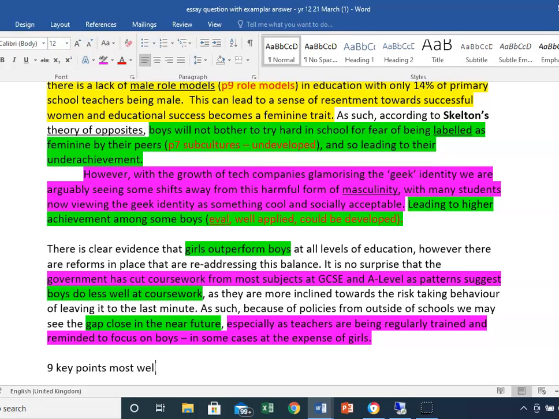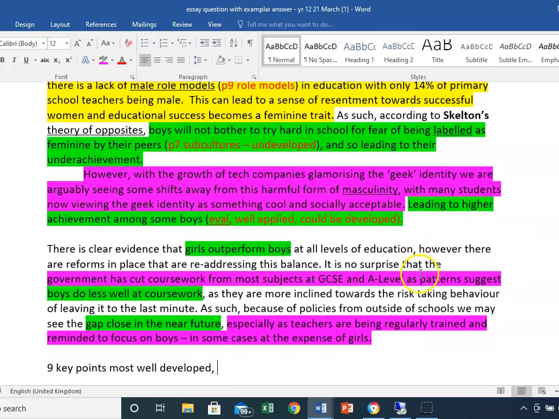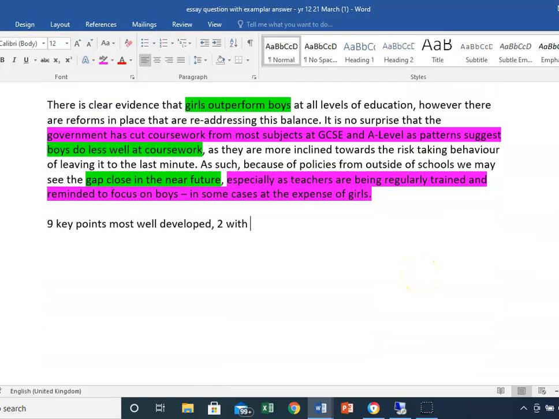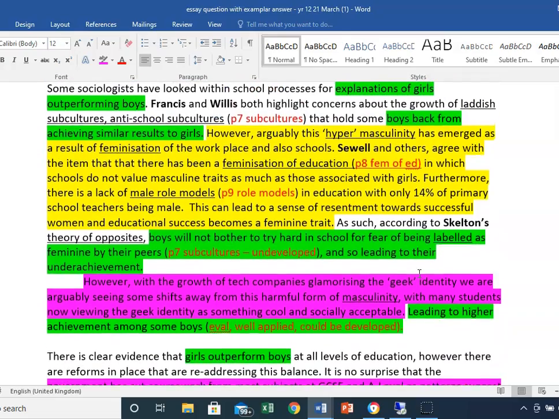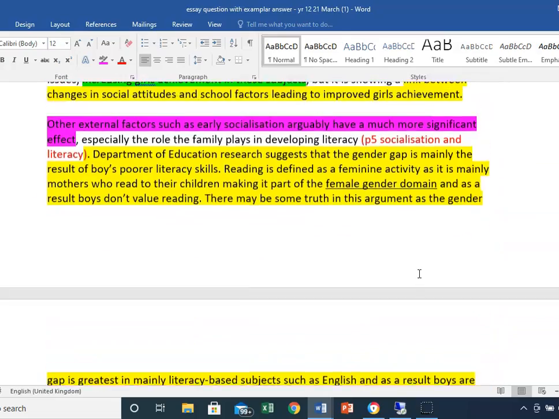all most actually well developed. How many of them are analytical? 1, 2, with good analysis. All well applied to the question. Okay, so you can see lots and lots of green.